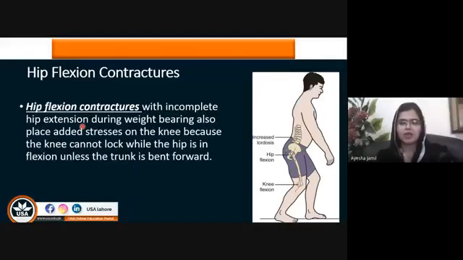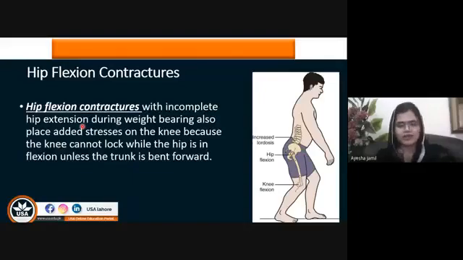This is the consequence of the hip flexion contracture, that the hamstring has to maintain its normal length tension relationship because it is being stretched or lengthened at the hip joint. So it has to maintain the concentric contraction in the other joint, obviously that is the knee joint because it crosses the knee joint as well.